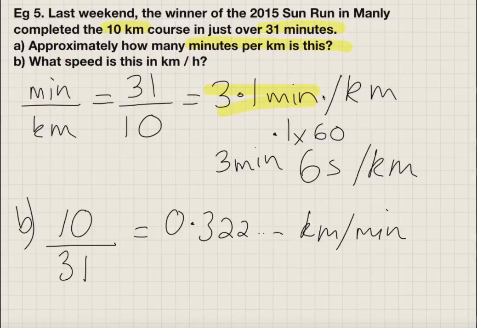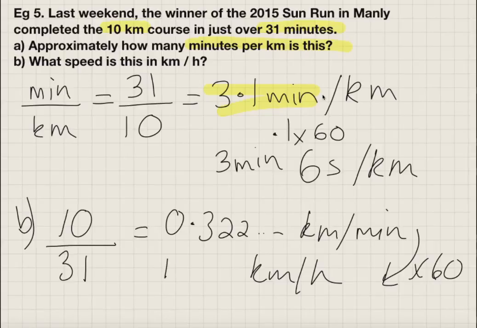Now leave that answer in your calculator because we then want to go to kilometres per hour, and if that's how fast he travels in 1 minute to get to per hour, we know that we just multiply by 60. So leaving that answer in your calculator and timesing by 60, and let's say it's to 2 decimal places, we get 19.35 kilometres per hour, which is really quick.